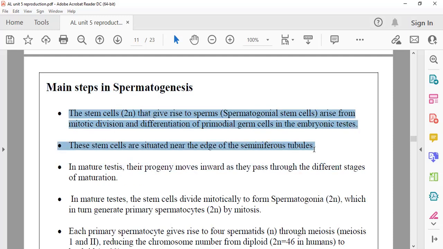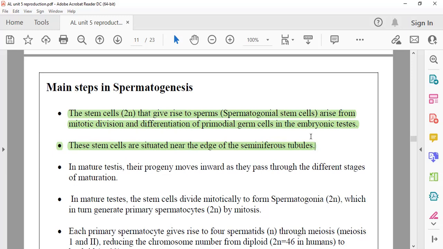Can you read these two lines? The stem cells that give rise to sperms arise from mitotic division and differentiation of primordial germ cells in the embryonic testes.